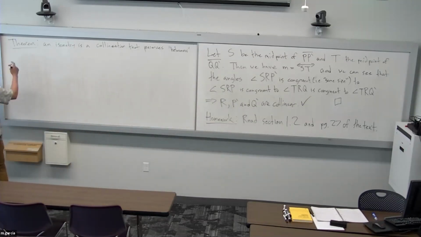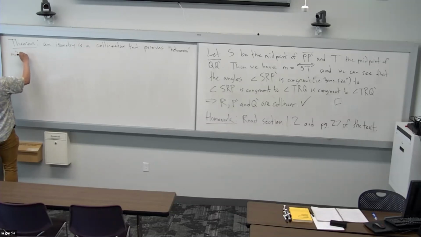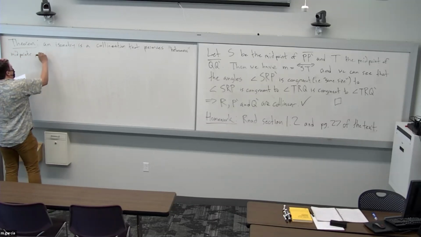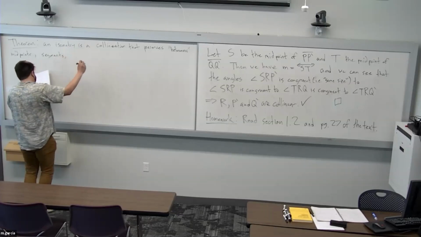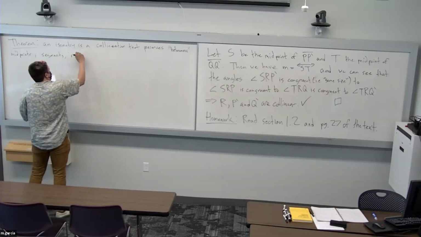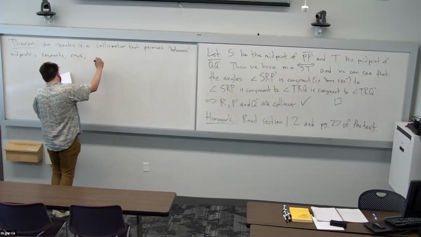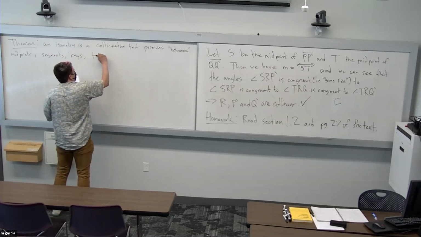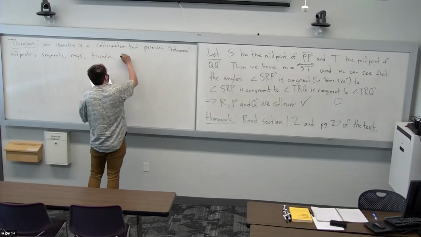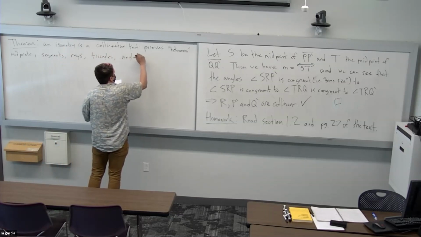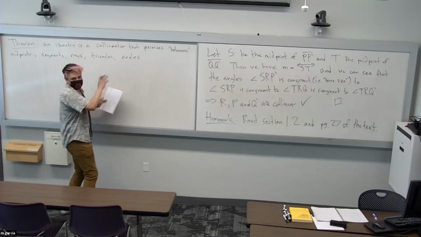Okay, so betweenness, midpoints, line segments, rays, triangles, angles. That one's kind of obvious, right?